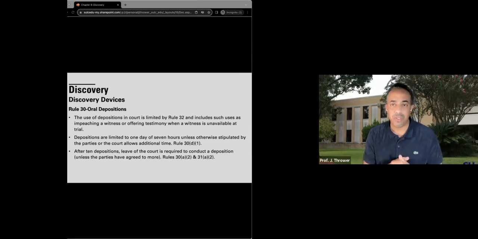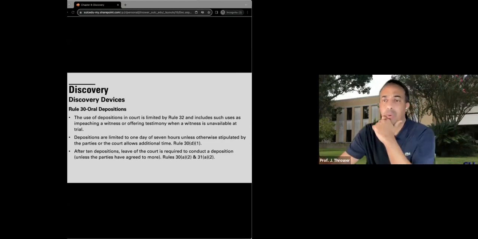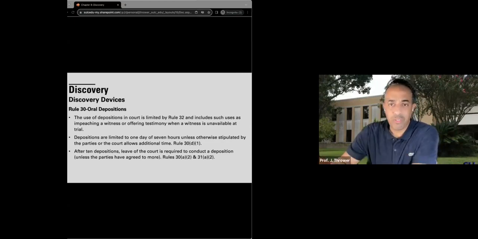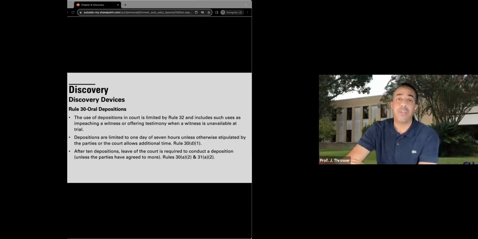Important to note also are the limitations on the length of time that a deposition may be. Under Rule 30(d)(1), depositions are limited to only 1 day and a maximum of 7 hours, unless the parties agree otherwise or the court allows additional time.